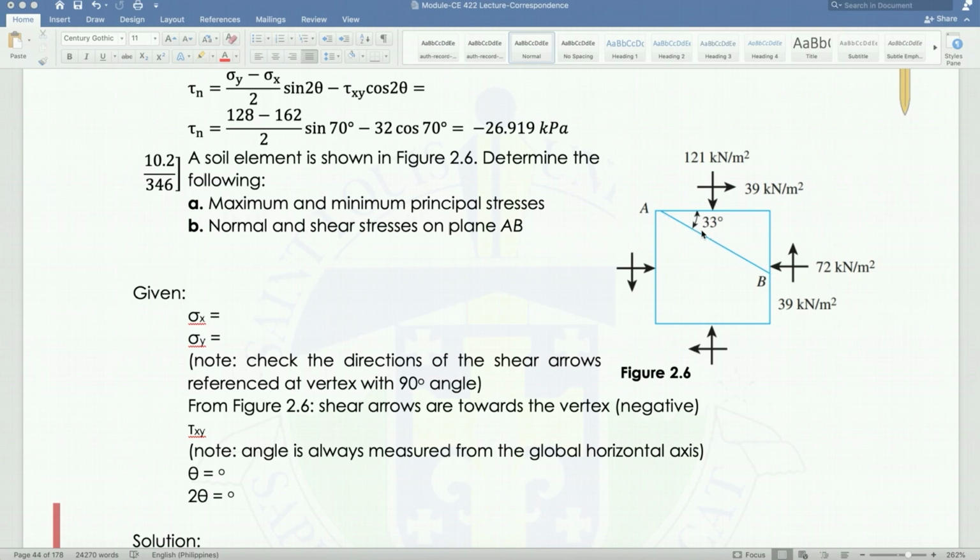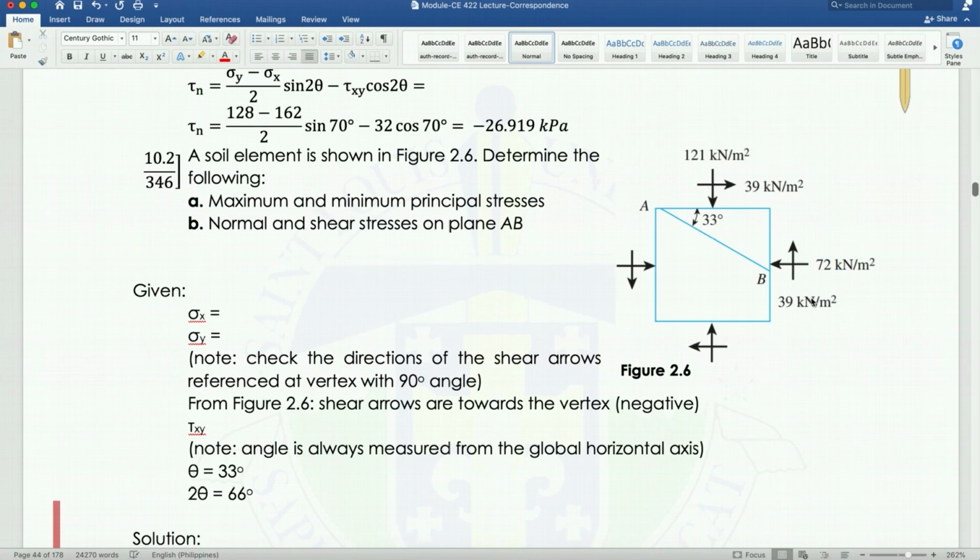Always remember that we are going to have our reference with respect to the positive x-axis. Okay? So 33 degrees here is already our theta. Therefore, 2 theta is equivalent to 66 degrees.